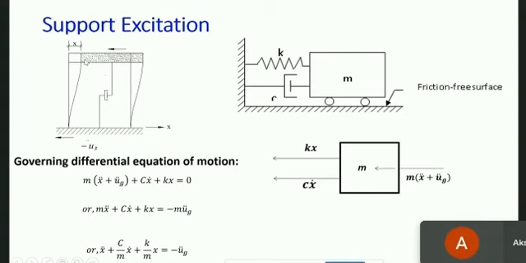All the mass we are considering is lumped at the roof level, and these are the two columns, and this is the ground. Then the damping, which is offered by the atmosphere as well as the internal damping of the structural system, because cracking takes place when vibration takes place. Small cracks keep on occurring.